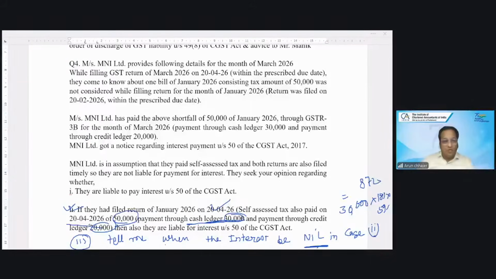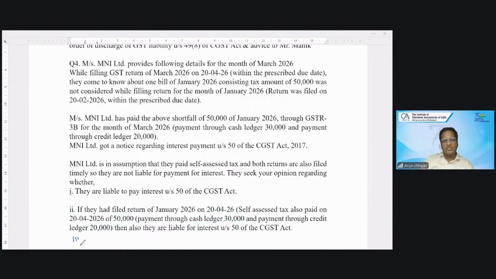Now let's say I have created situation number 3. Everything remains the same, which means the January return has been filed on this date. The liability of 50,000 has been deposited through 30,000 cash and 20,000 through credit ledger. Now tell me, in this situation, what happens?